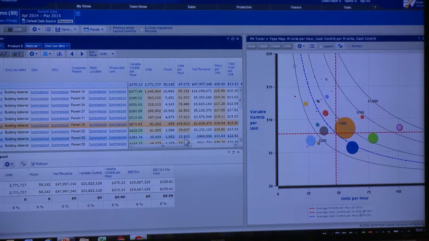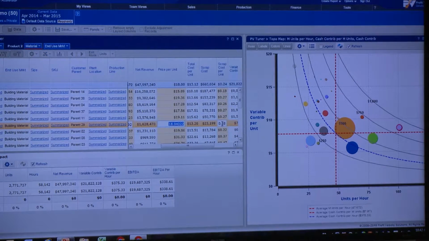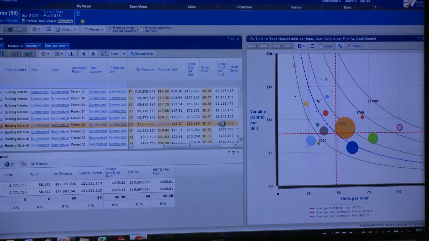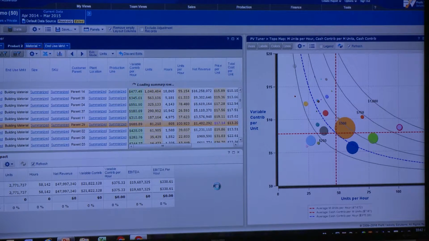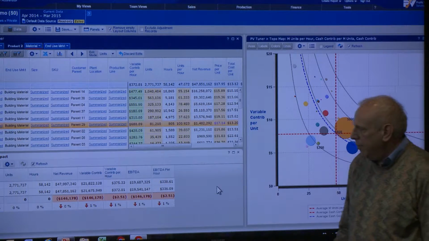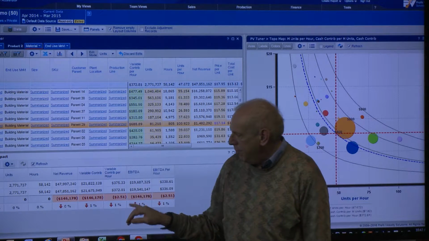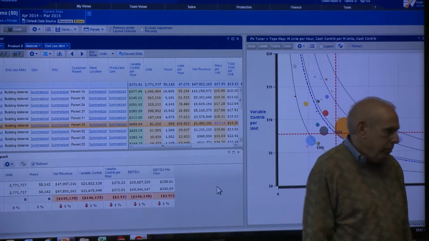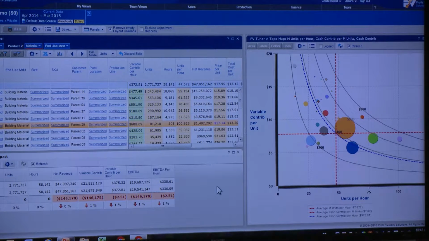And we're going to do the same 10% price drop for a 30% increase in volume. So again, with our 10% price discount, we see this actually drops our net revenue and our variable contribution by even more. The first example is a little over 100,000. Now we're almost up to 150,000.